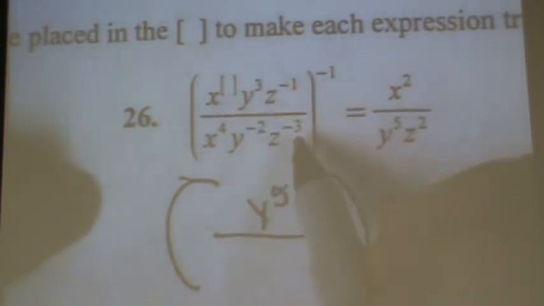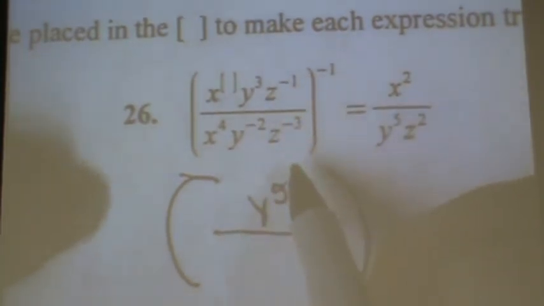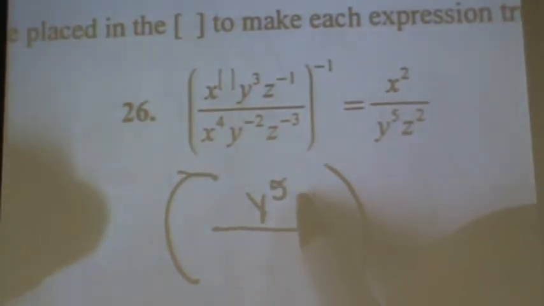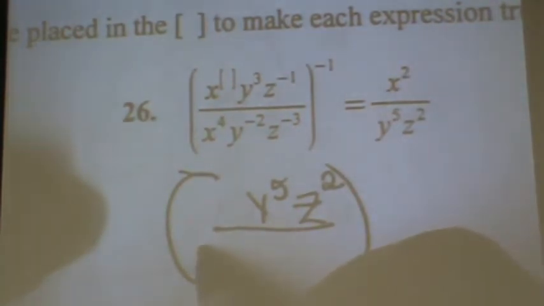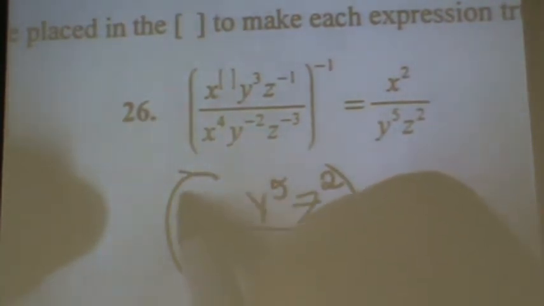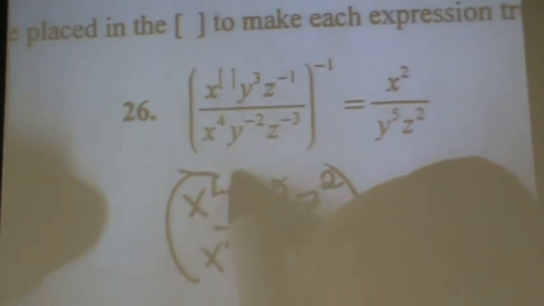And these two, you're going to bring the z to the 3rd and z to the negative 1, and you're going to end up with z squared here. And we've got x to the 4th here. And we have x to some power here.